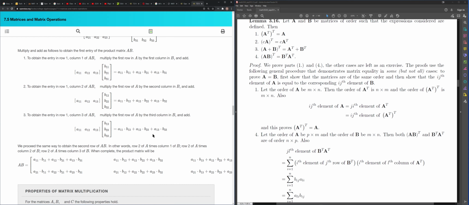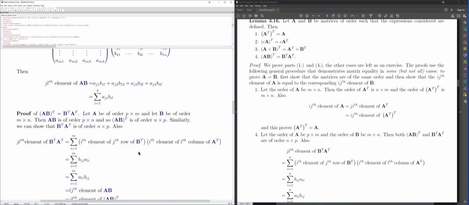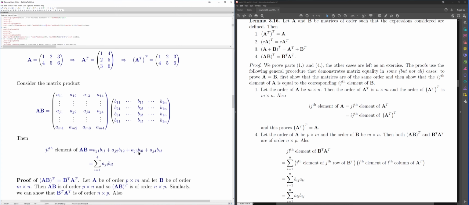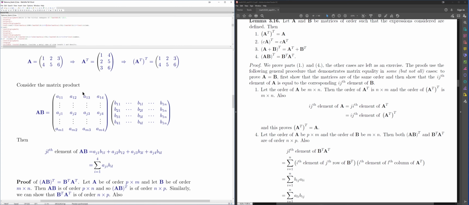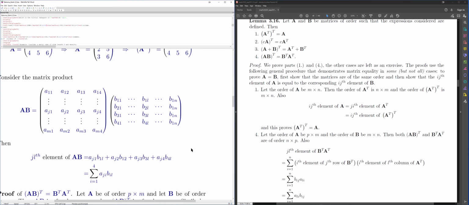So this over here I can write in summation notation. And that is what I'm saying over here. So I have a matrix product AB, and this is the jth row of A, and this is the lth column of B. Hopefully you can see it, so this is an L over here, this is not a 1.